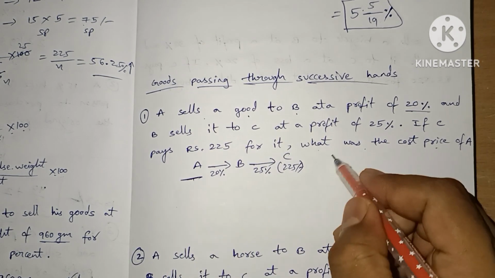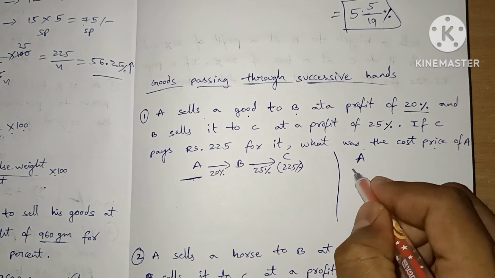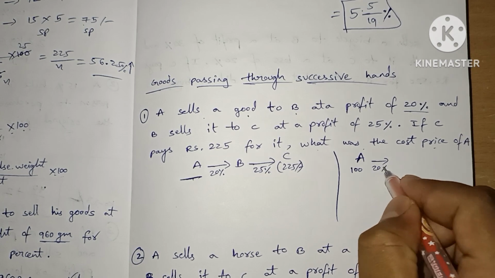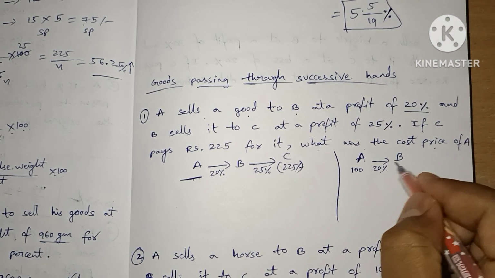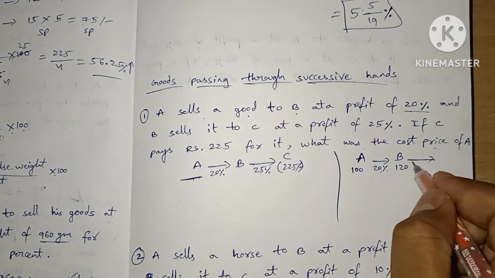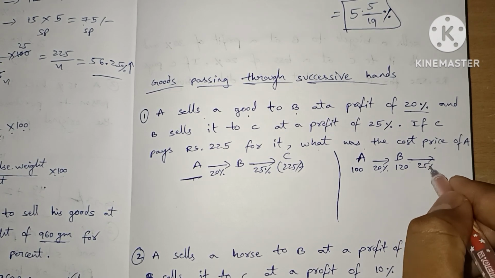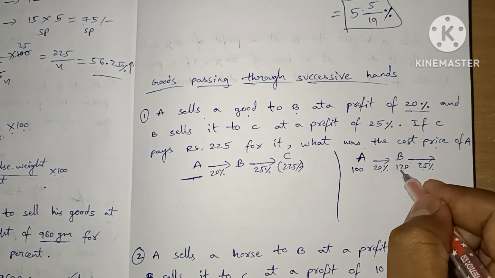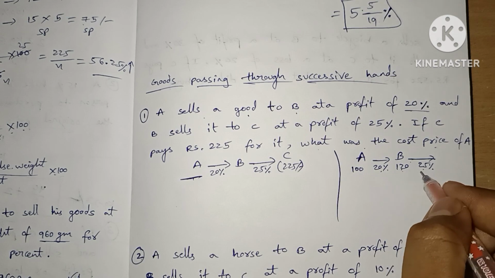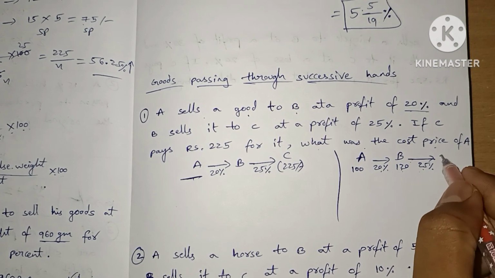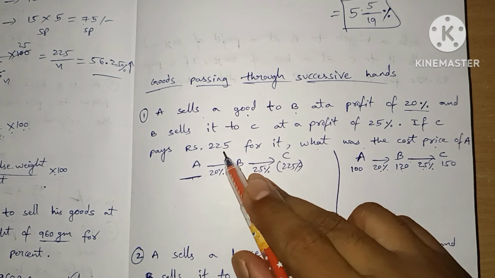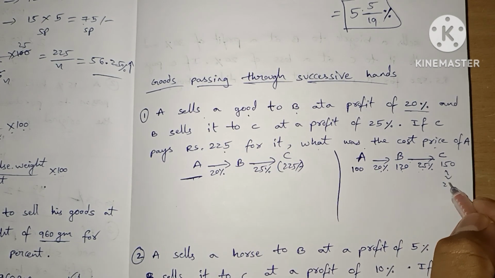This type of questions we take like this one: 100%. 20% profit means B purchased at 120, and B sold it to C at 25% profit, means 25% of this one, which is 1/4 of 120, which will be 30. So at 150 rupees C bought, but here the price of C is given as 225.